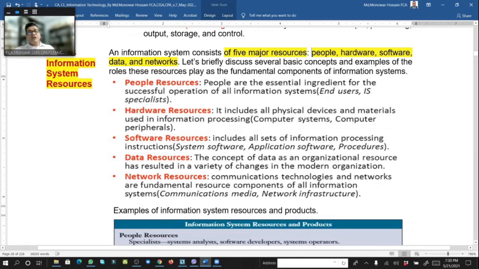And network resource: communication technologies and networks are fundamental resource components of all information systems, including communication media, network infrastructure, etc. So we can say that there are five major information system resources: people resource, hardware resource, software resource, data resource, network resource.